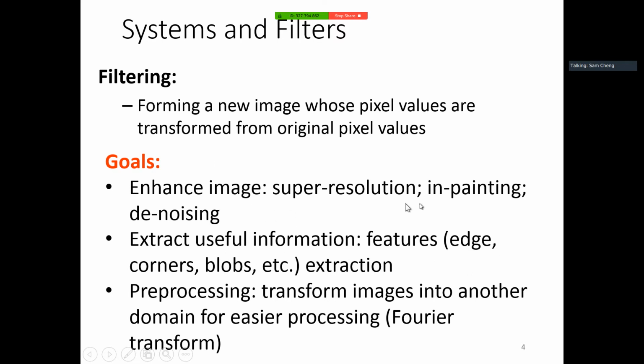We focus on the first one. You can even consider a transform, for example the Fourier transform, as some kind of filtering as well, and we'll talk about that later on, probably not in this class.